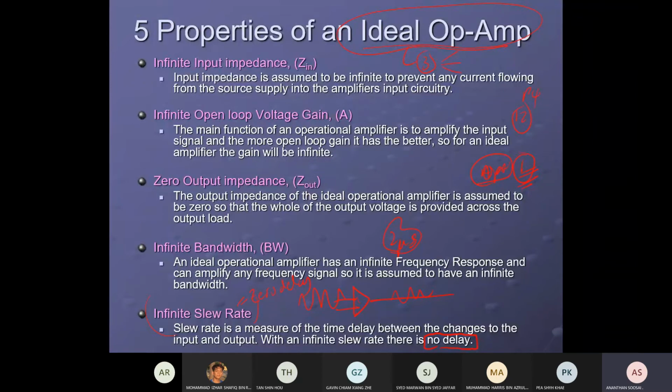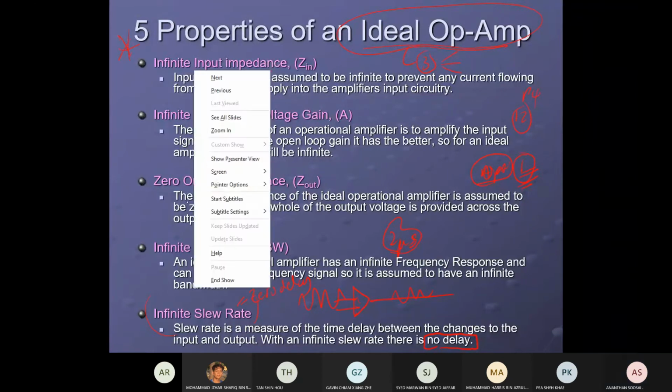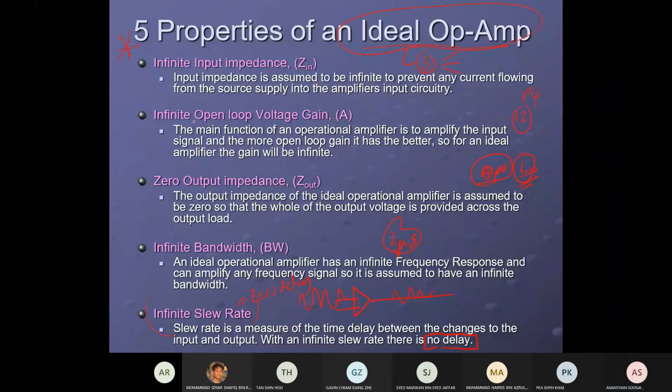Remember: infinite input impedance, zero output impedance, infinite gain, infinite bandwidth, infinite slew rate. These are the 5 properties of an ideal op amp. Any questions? No questions. Okay, so remember this.